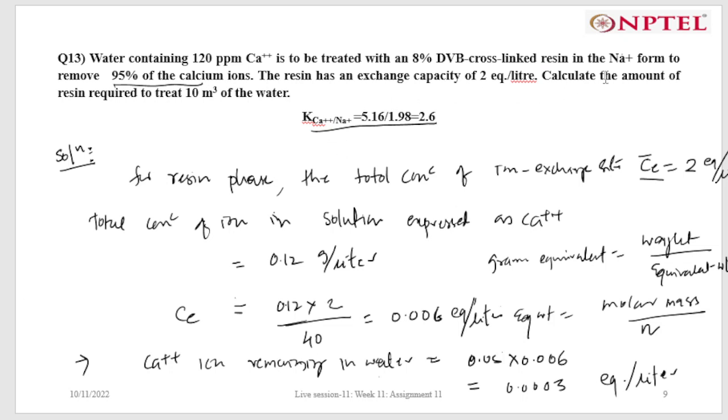If M kg of resin is used, the question asks to calculate the amount of resin required to treat the 10 meter cube of water.